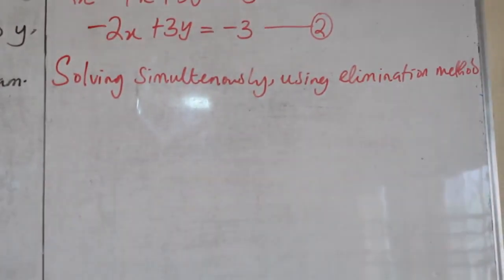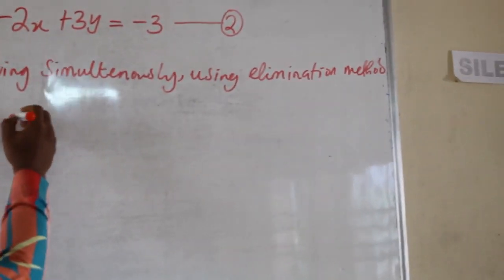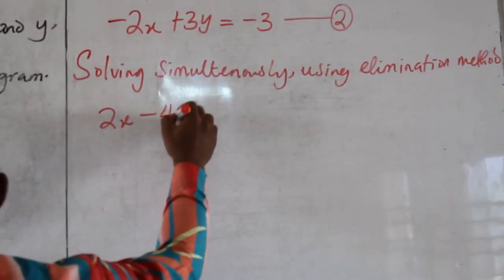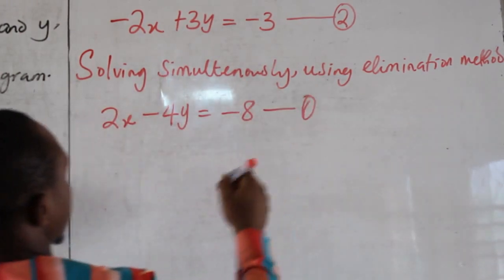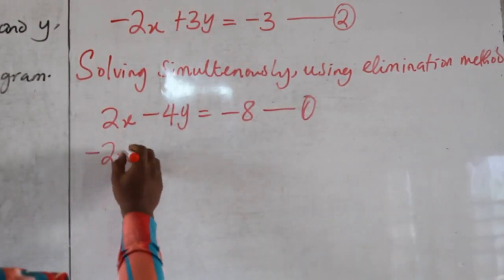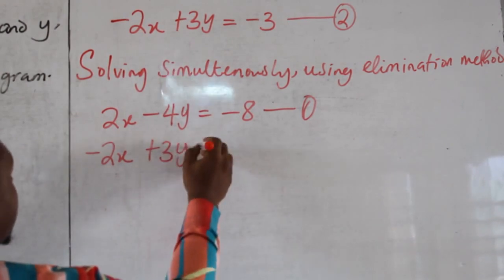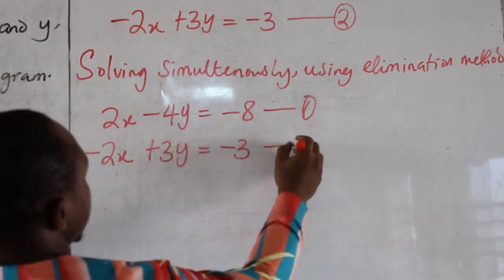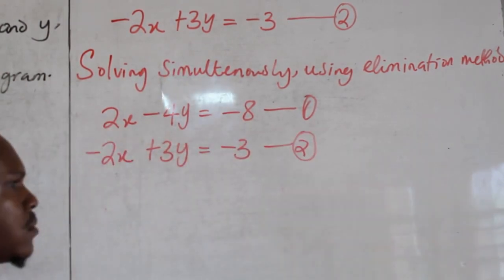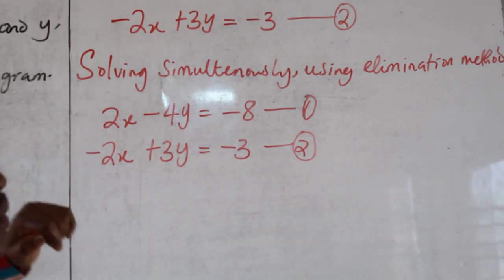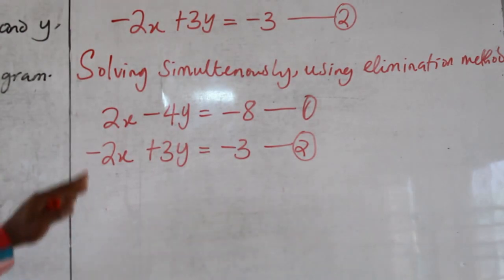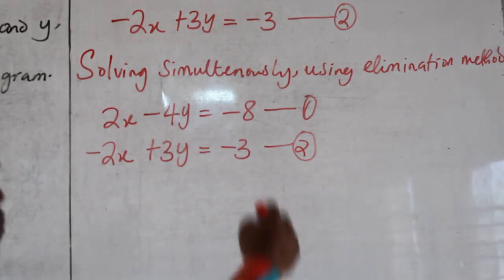We have 2x minus 4y is equal to minus 8 as equation 1. We have minus 2x plus 3y is equal to minus 3 as equation 2. So if we are going to eliminate x, what we simply have to do is to add both equations.